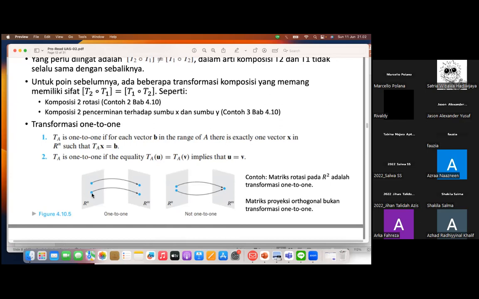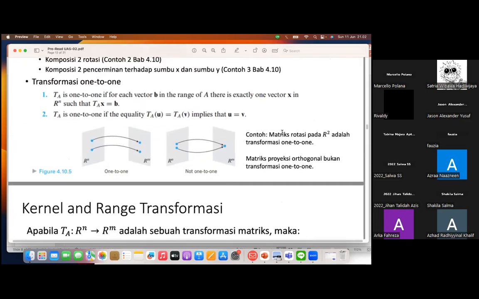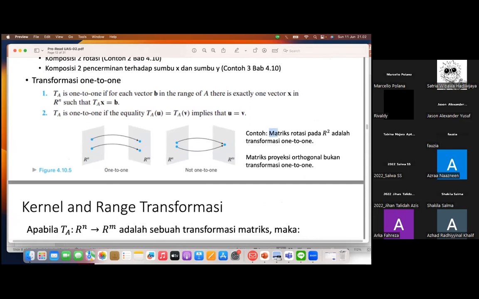If I transform point B, there's one unique value. That is one-to-one. However, if I transform A and it results in the same point as when I transform B, it's not one-to-one. For example, rotation is not one-to-one, and orthogonal projection is not one-to-one.